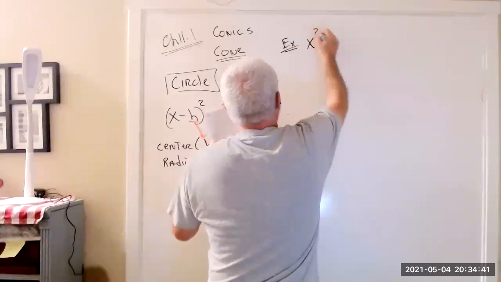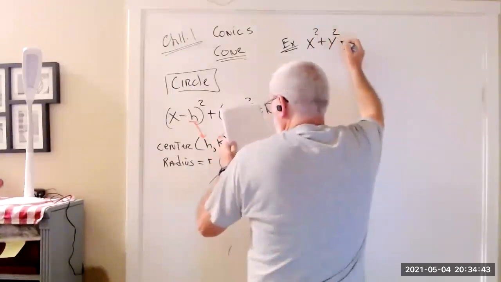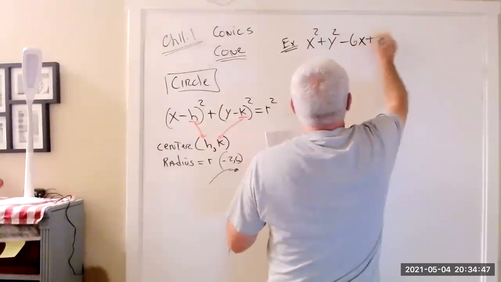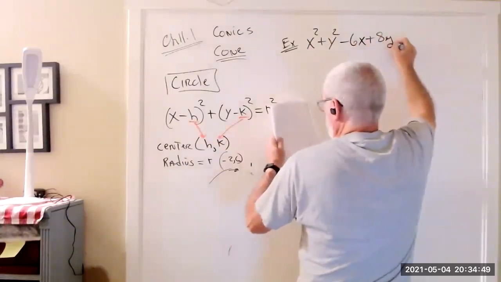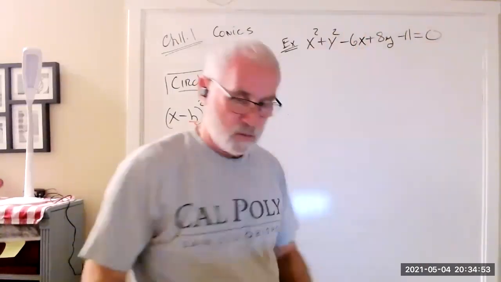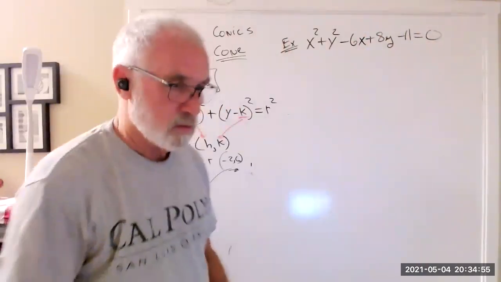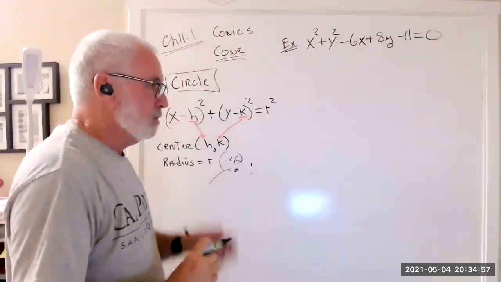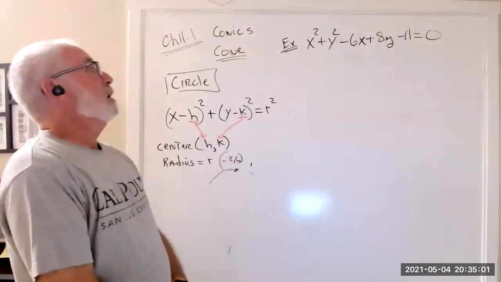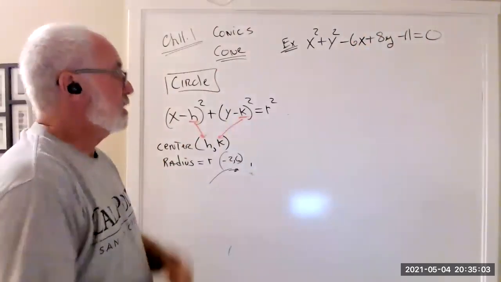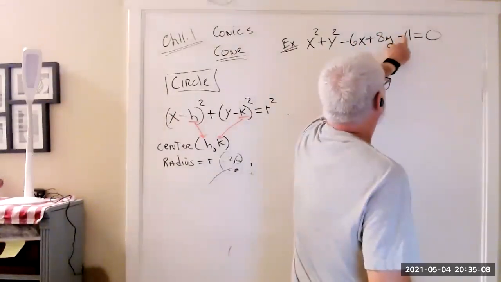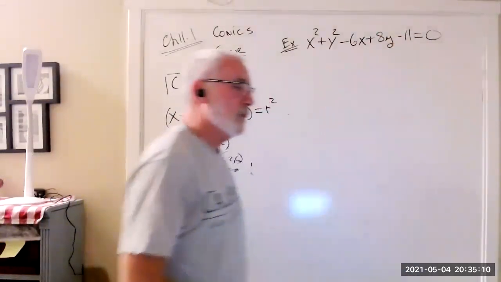X squared plus y squared minus 6x plus 8y minus 11 equals 0.